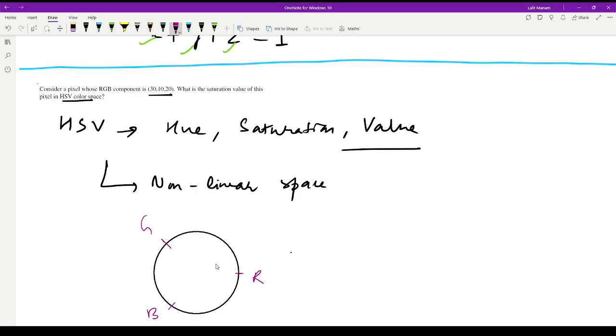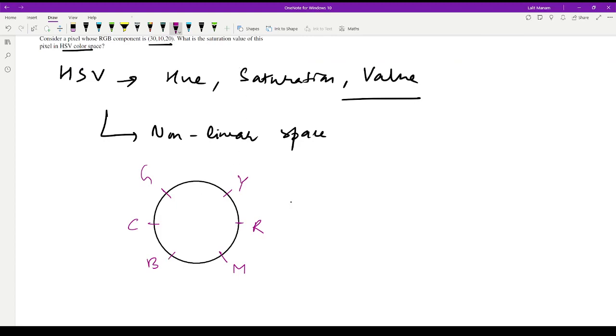So what do you think will lie here? Cyan, right? Complementary color scheme. For green, magenta, and for blue, yellow. Yes.